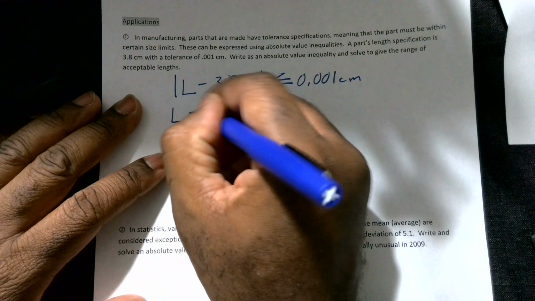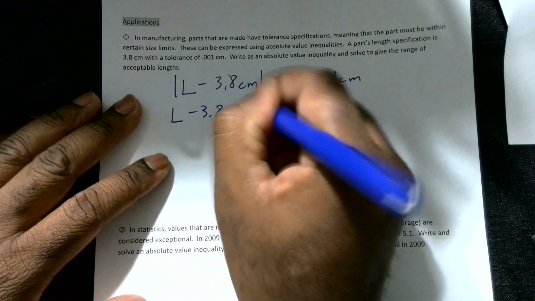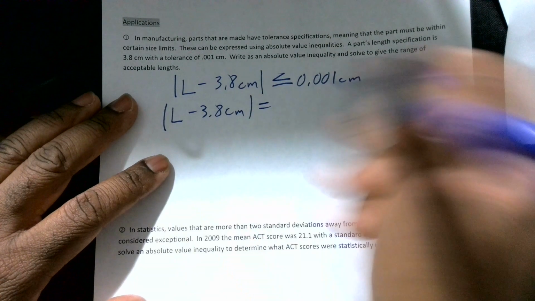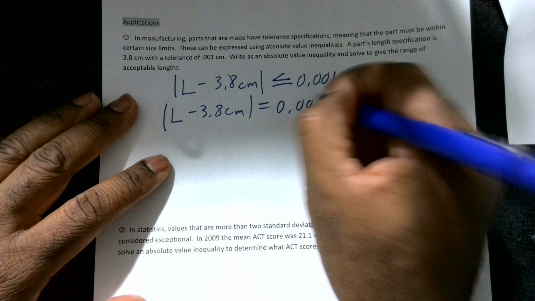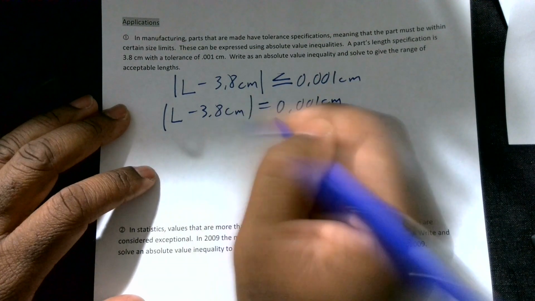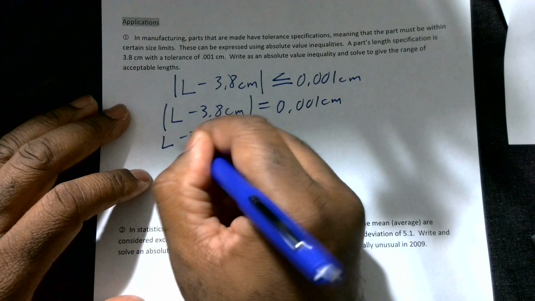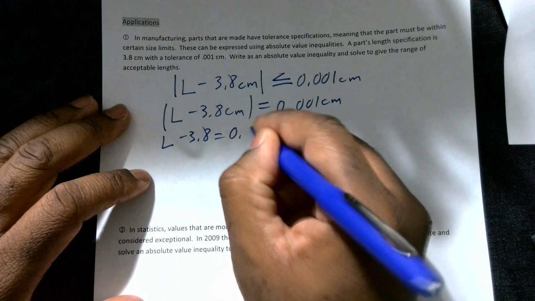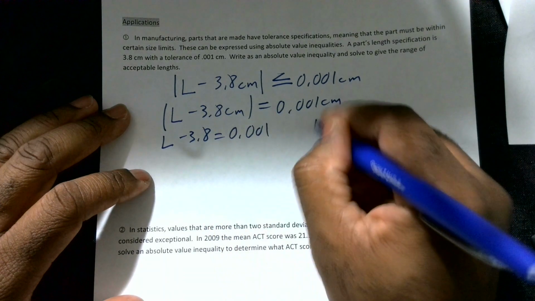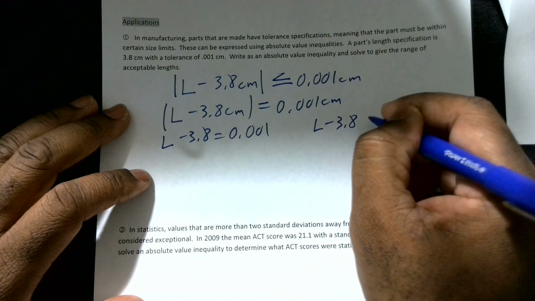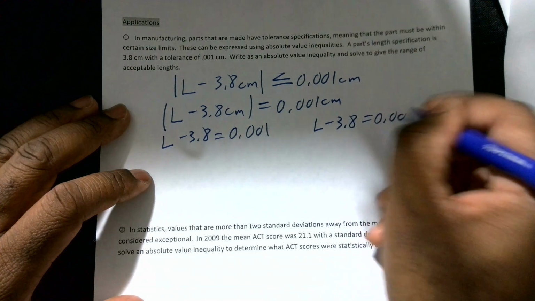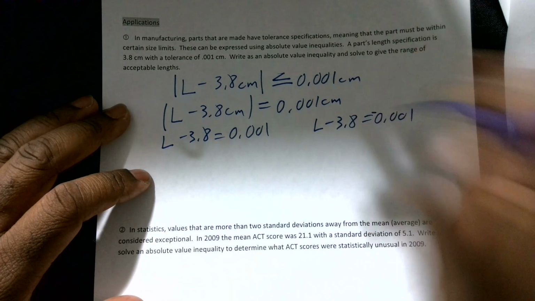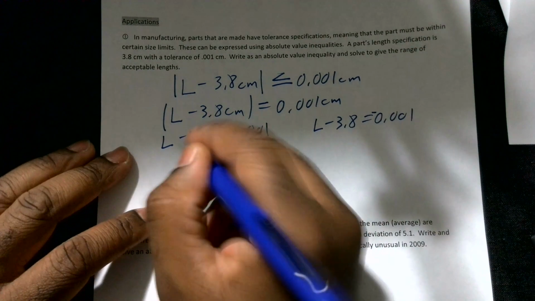So we have L minus 3.8 centimeters, and we'll change this to an equal sign, equals 0.001 centimeters. So it'll be L minus 3.8, we could drop the centimeters for now, is equal to 0.001, or L minus 3.8 is equal to negative 0.001.